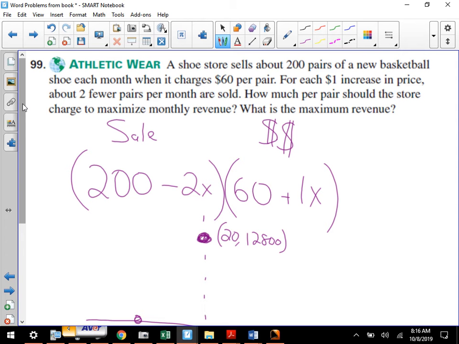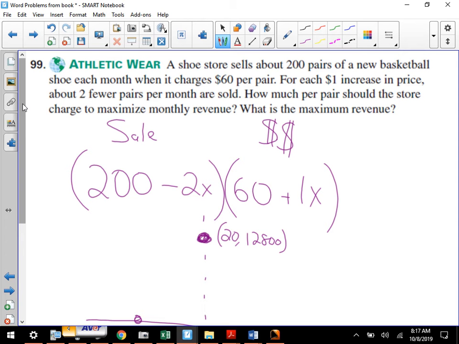Your monthly revenue will be at 12,800 on those shoes if you sell them for how much? $80. Very good. The $80 represents the maximum selling price that you can do.